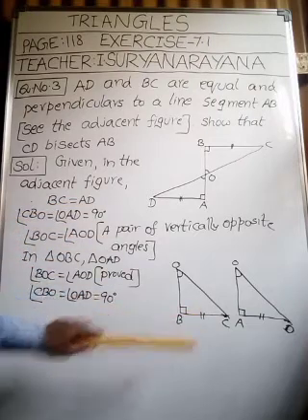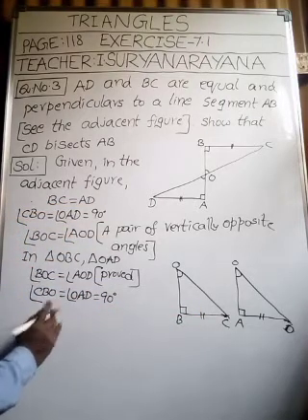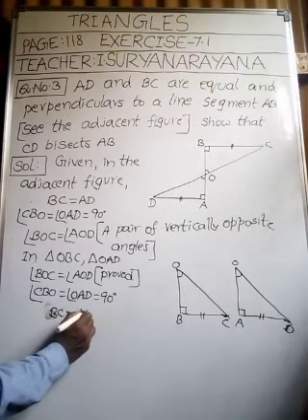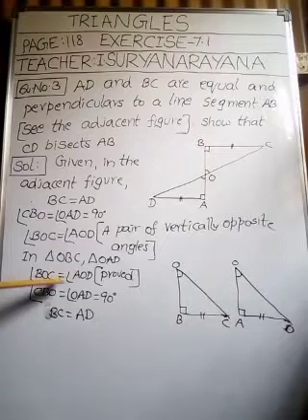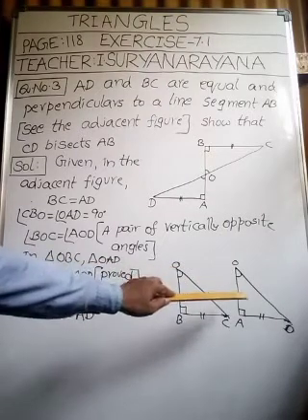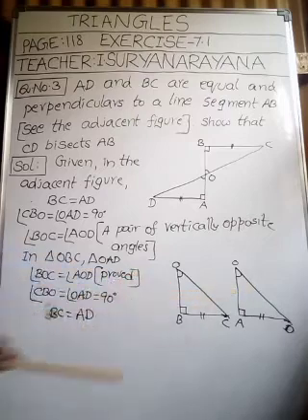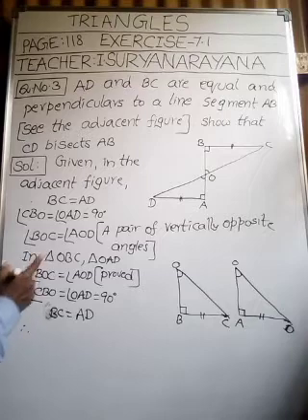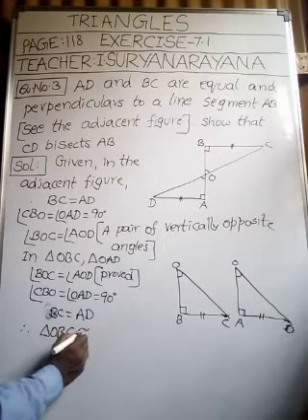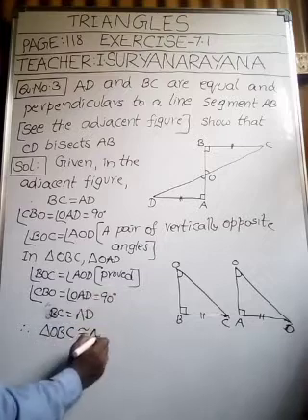BC is equal to AD. So, two angles and one side in this triangle are equal to the corresponding two angles and one side in the other triangle. Therefore, what can you say about these two triangles? Triangle OBC is congruent to triangle OAD.